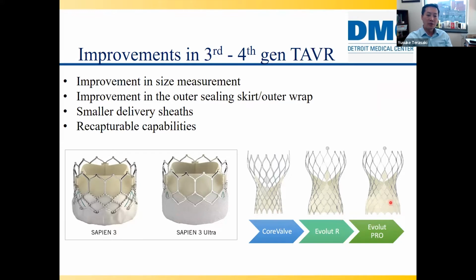You can see that they've increased the amount of this outer wrap, in the hope of preventing that paravalvular leak. They've obviously made the delivery sheaths smaller, and for the CoreValves, they made it so that they can recapture them, so that if they deploy it wrong, they can recapture it and redeploy it. So they've made some improvements in the TAVR.